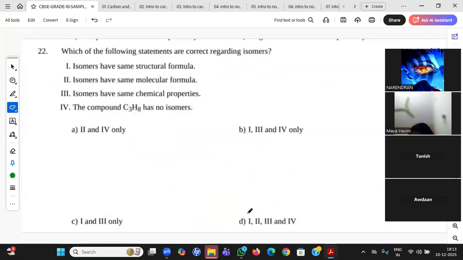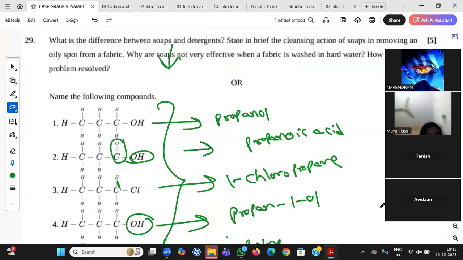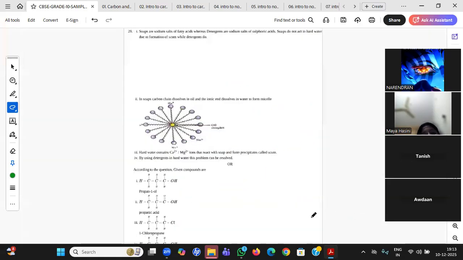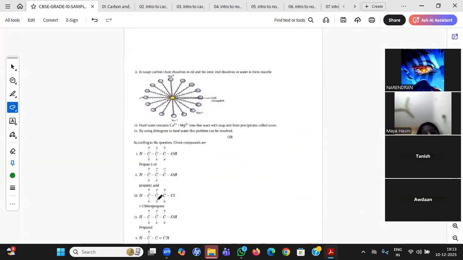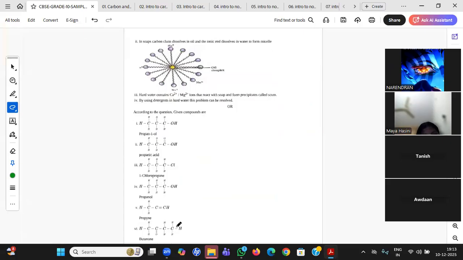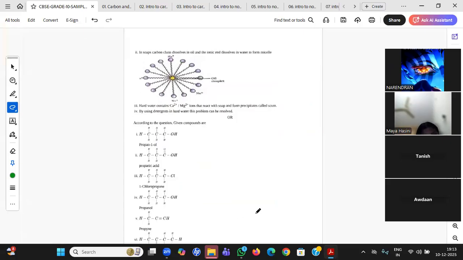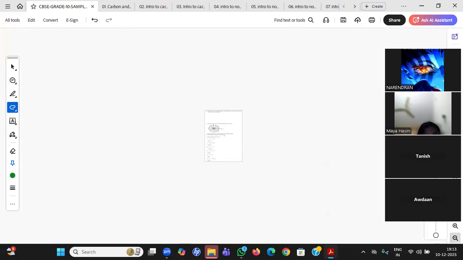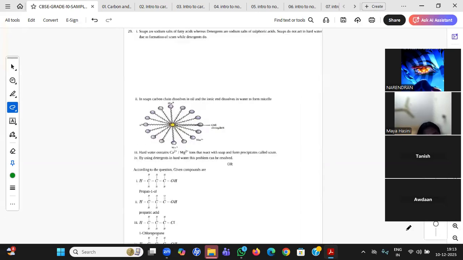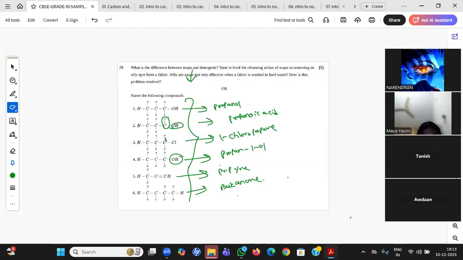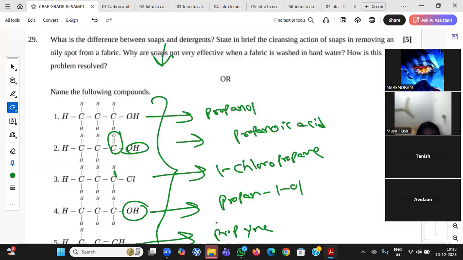Okay, I didn't give the answers here. 1 second, so let me check the answers. Propanol, propanoic acid, chloropropane, propanol, propane, butanol. Right answer. Okay. So students, whenever such question comes, please go for such questions. Don't go for those lengthy questions, because here you will get full marks first of all. And second thing is how much time you can save.